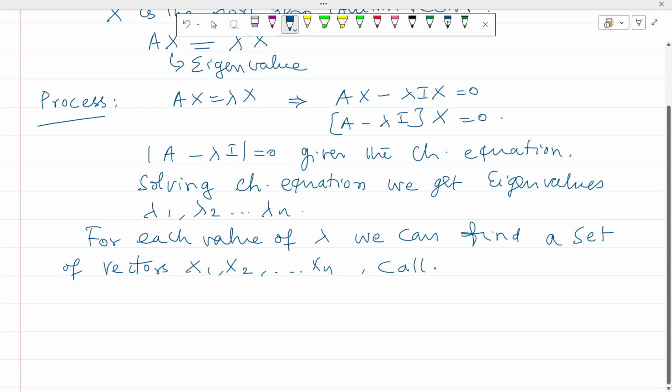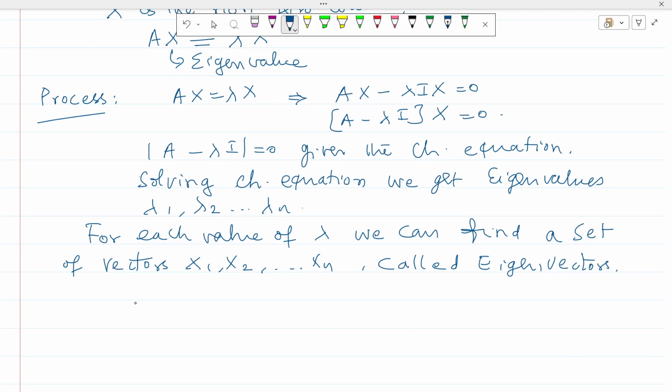These are called eigenvectors. Okay, this is the definition actually.